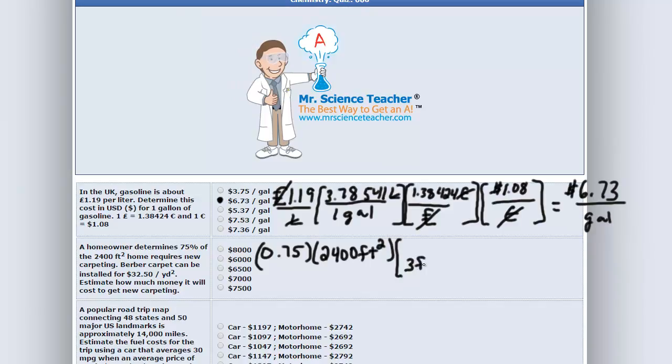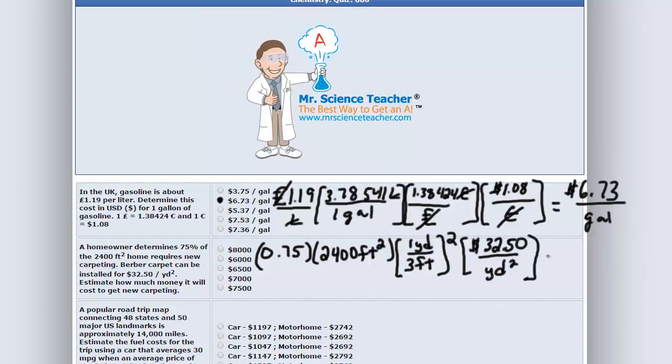So there are 3 feet in 1 yard. And we have to have feet squared, so we're going to have to square that quantity. 9 square feet in 1 square yard. And so now it's just adding in the money, multiplying by $32.50 per square yard.